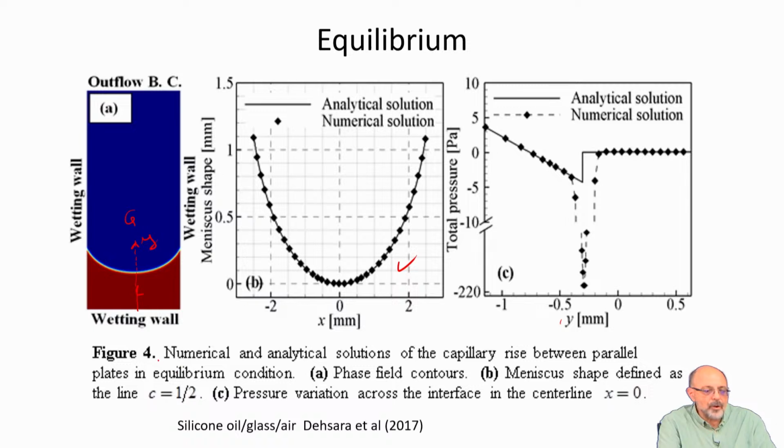So since I have a heavy liquid here, my pressure is decreasing from the maximum value at the bottom. Actually, let's first think of the sharp interface model. That's this solid line. My sharp interface model will tell me a linear pressure increase up to here, then a jump, right? Here I have a curvature, and I would have a jump in pressure, right?